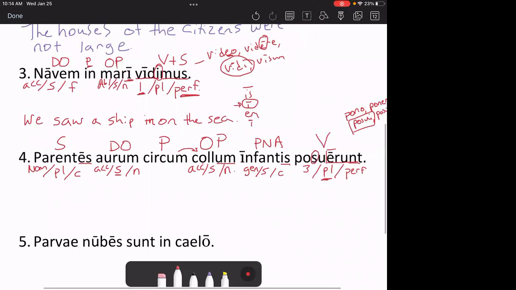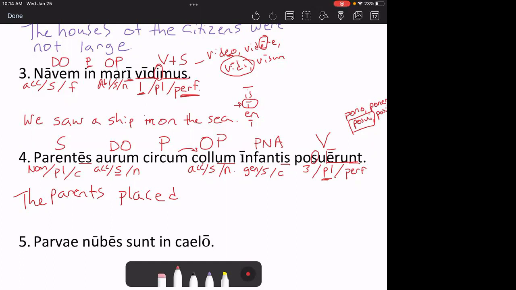Okay, let's translate. Parentes, the parents. Posuerunt, what tense is that? Perfect tense, so we need past. Pono means to put, set, or place. So placed, past tense. Aurum, what does that mean?